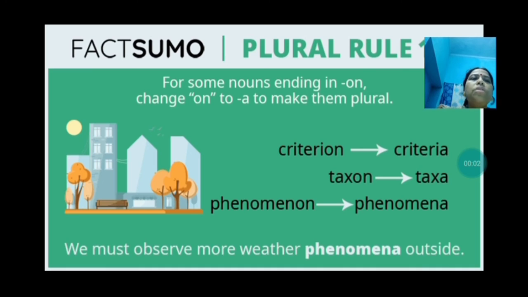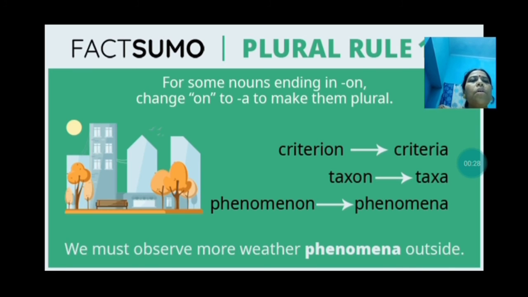Some nouns ending in ON change to plural by removing ON and adding A. Like criterion, what do we do? We remove ON from the last and add A. That is criteria. Plural of criterion is criteria. Taxon, taxa. Phenomenon, phenomena.